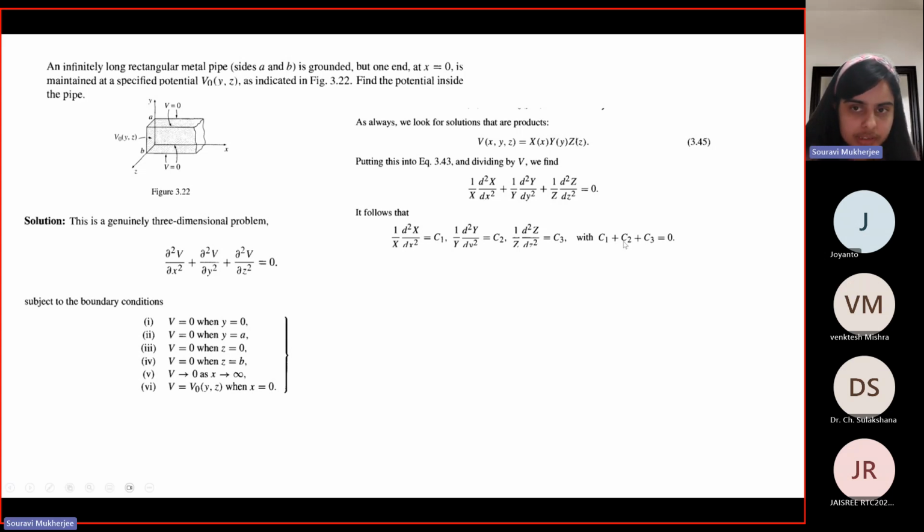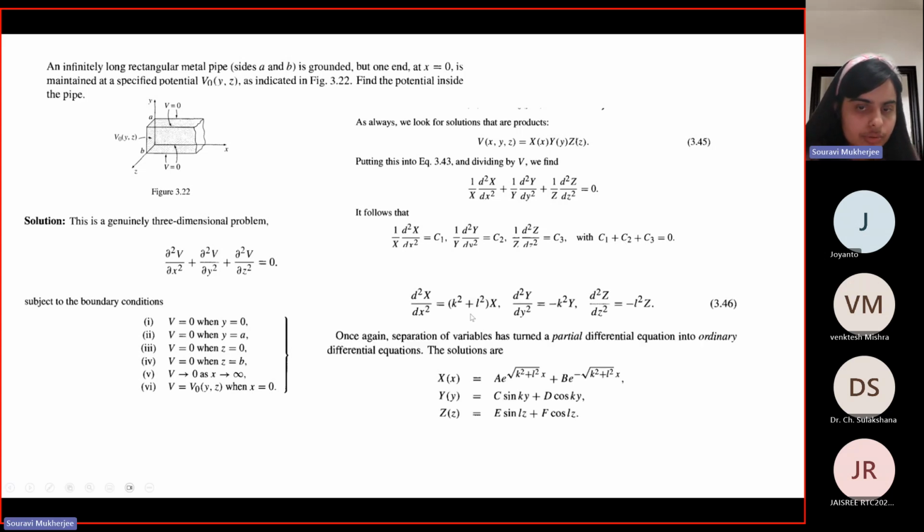So how do we choose the constants? Now we consider two variables. So we consider one of the constants to be k square plus l square, and the others to be minus k square and minus l square. How do we choose this combination? It depends again on our boundary condition. Right? So if you look at y, we see that V goes to 0 at y equal to 0 as well as at y equal to a.